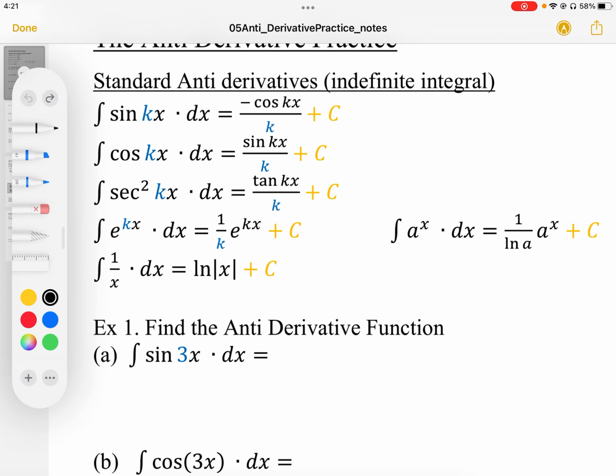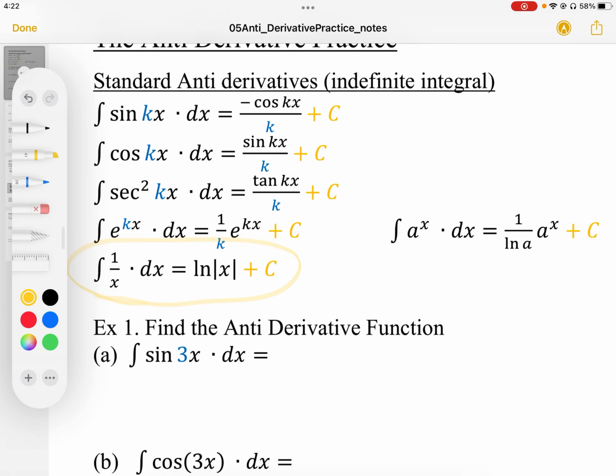One of the things that we want to be aware of, and be careful of, is this 1 over x. Whenever we have 1 over x, it integrates to log absolute value of x. The reason why the absolute value is there is because the original 1 over x function has a domain of positive and negative values of x.